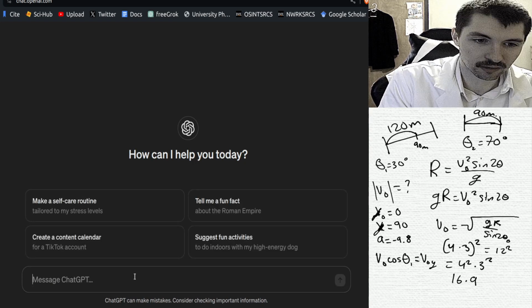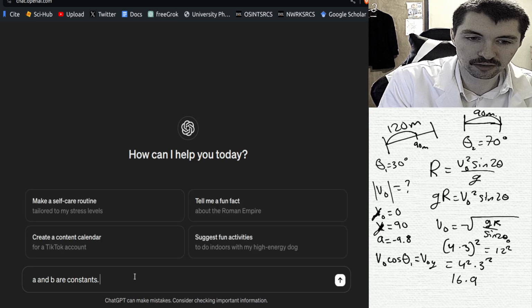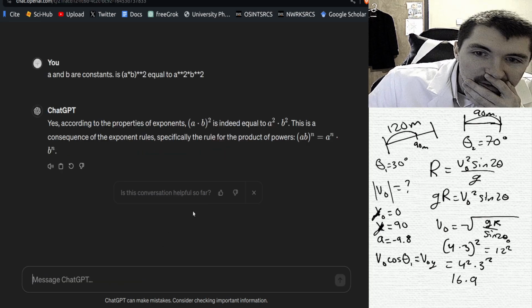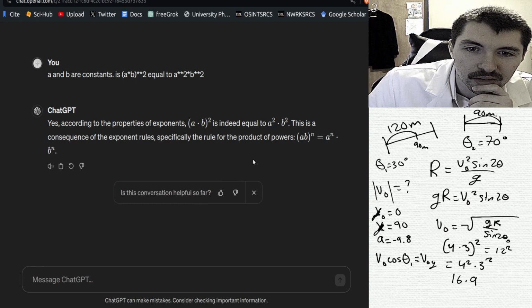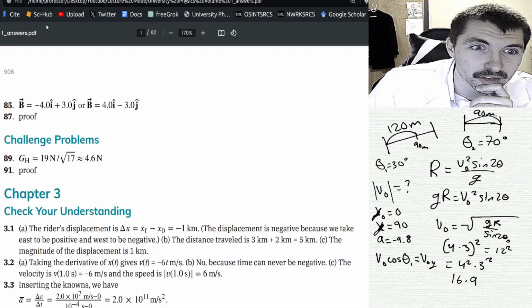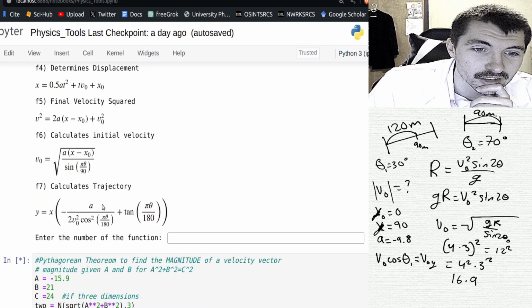If a and b are constants, is a times b squared equal to a squared times b squared? Okay. All right, we got a second opinion, seems to be fine. So that means our calculator seems to be doing all right.